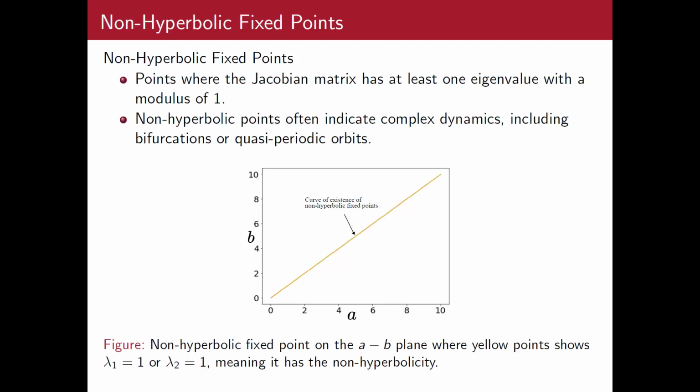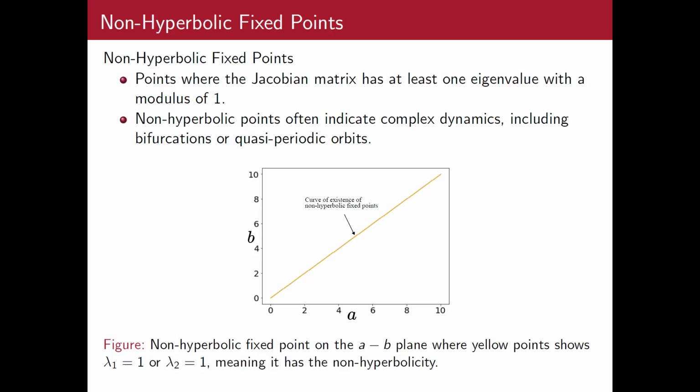However, not all fixed points are stable. Some points, known as non-hyperbolic points, behave more unpredictably. A non-hyperbolic fixed point has at least one eigenvalue with a modulus of 1, which means it is hard to determine stability.